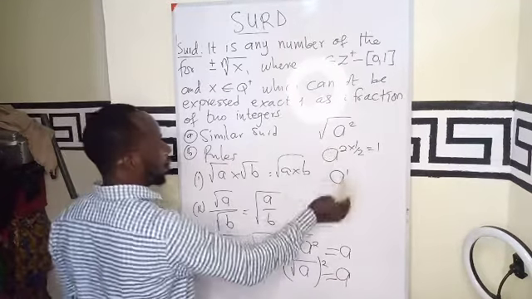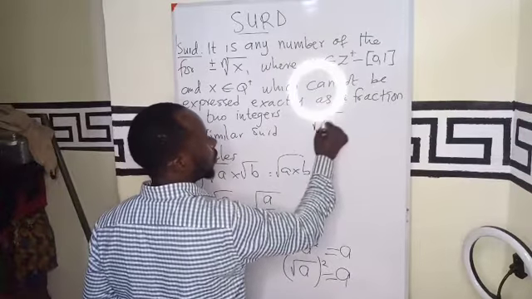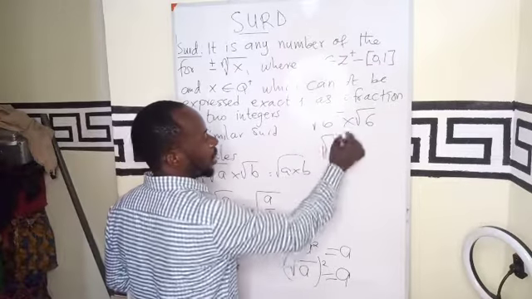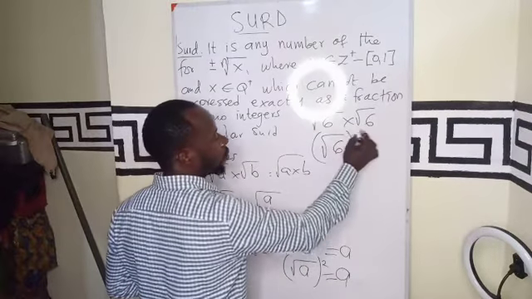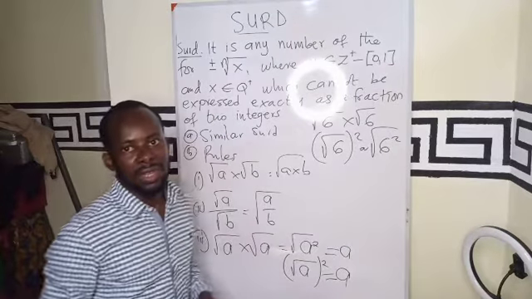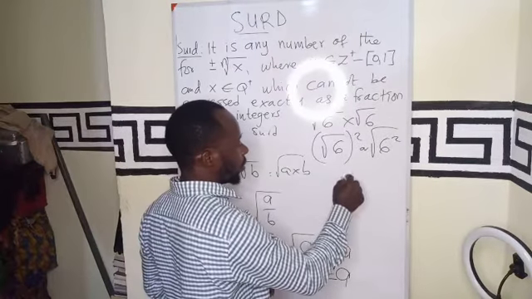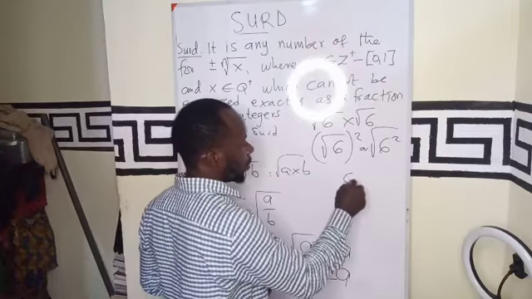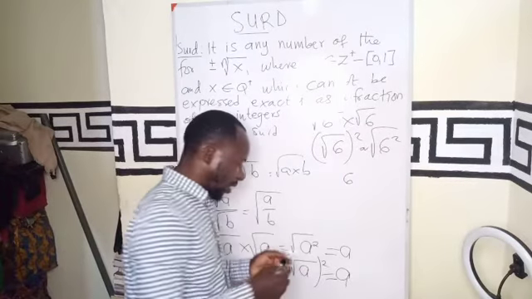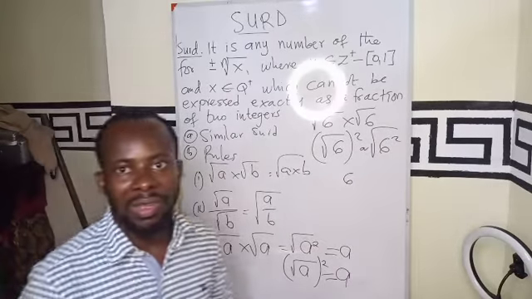For example, I have root 6 times root 6. This becomes the root of 6 all squared, or the root of 6 squared. And in all cases, this will produce an answer of 6, because this is the root of 36, and the root of 36 is 6. Alright, that is about some of the properties involved in that.